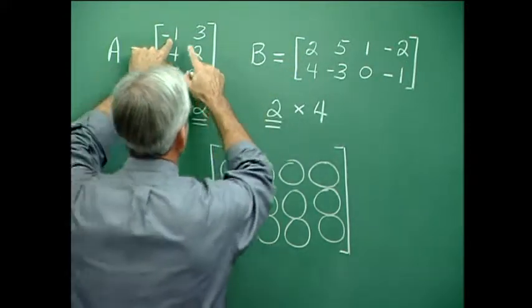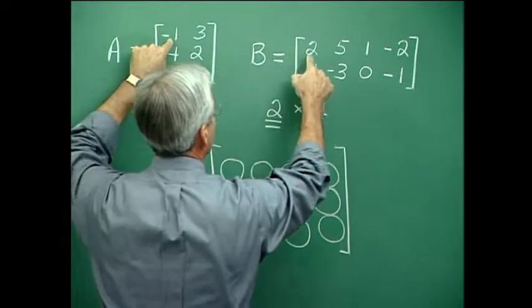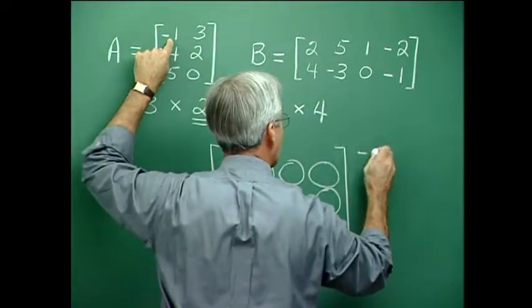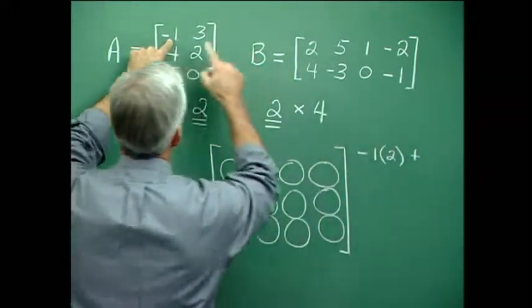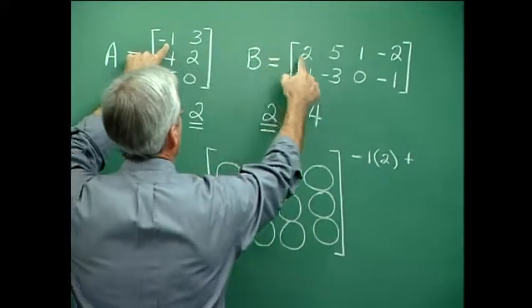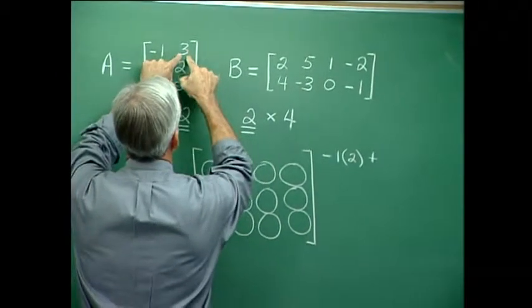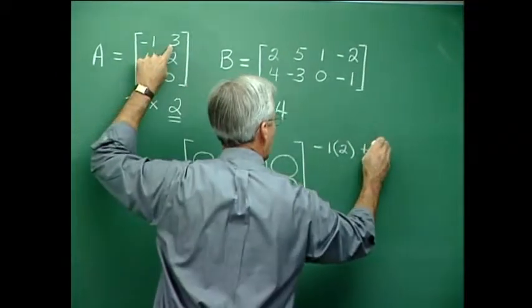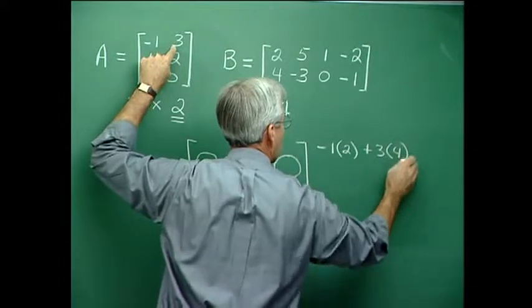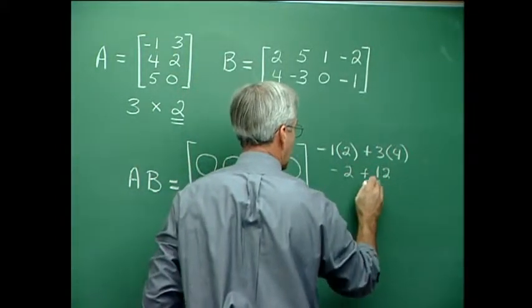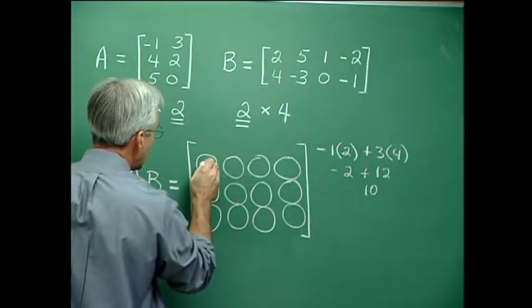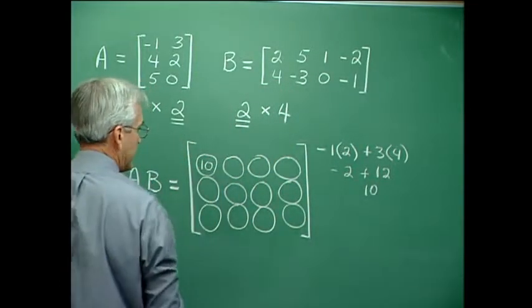Here's what we're doing. It is -1 times 2. I'm going to write that out for emphasis. -1 times 2, and then plus, you see, first times first, and then along this row, then 3 times 4. So we have, let's see, -2 plus 12, this is 10. So the entry that goes right here is 10.